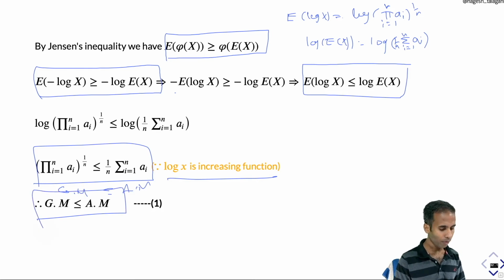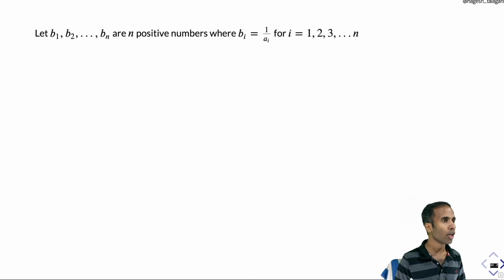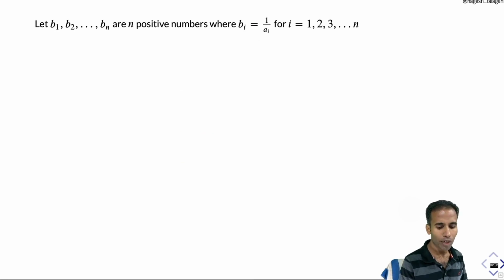Okay, fine. Next we have to show harmonic mean less than or equal to geometric mean. So instead of doing everything from scratch, now we are going to show HM less than or equal to GM actually from GM less than or equal to AM. Okay, so this is how we are going to do it. We are going to apply the AM-GM inequality for these numbers B1, B2, Bn, where Bi equal to 1 by Ai.